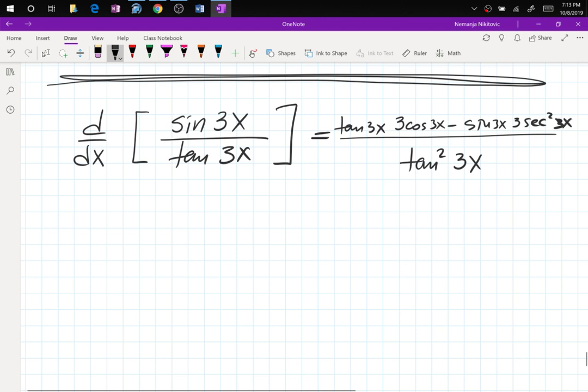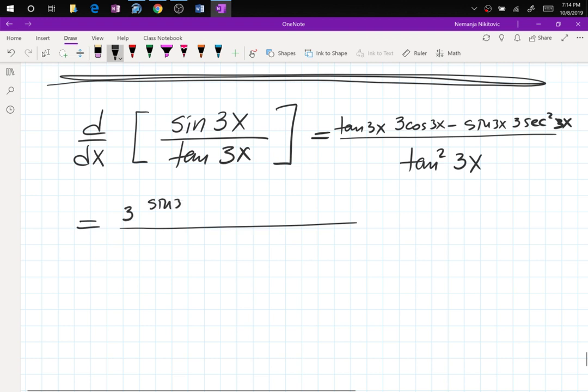Now, is it clear that this cancels all into secant 3x, tangent 3x with the 3's floating about, or no? All right, let's keep using the sledgehammer. So we have 3.